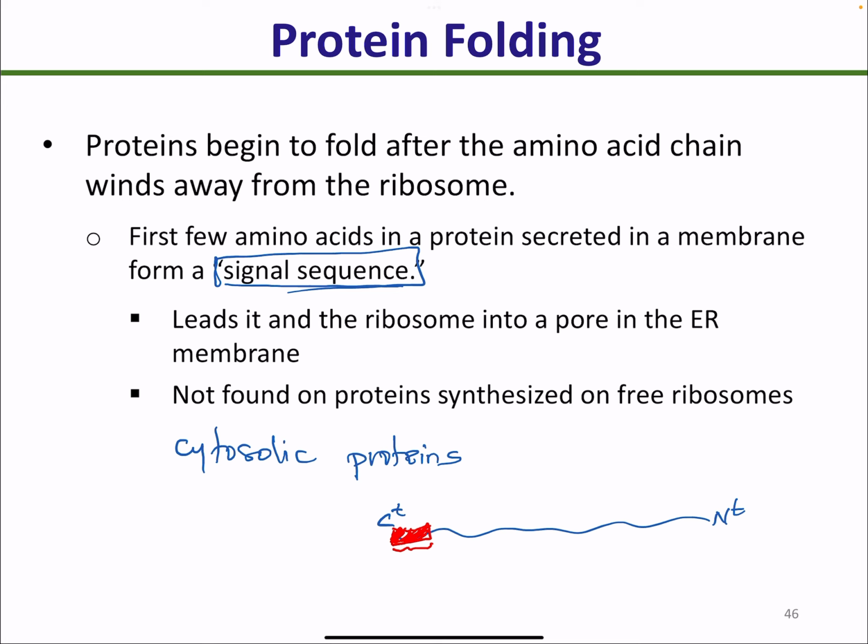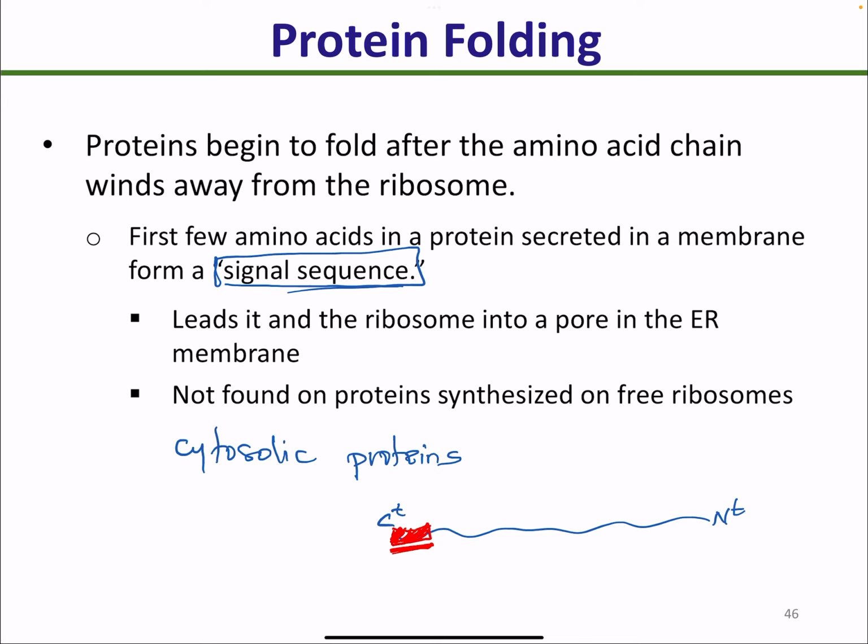Well, the reason is that as these ribosomes were synthesizing the protein, the system in the cell noticed that the protein was carrying a signal sequence, and that protein doesn't belong to the cytosol, it belongs somewhere else.